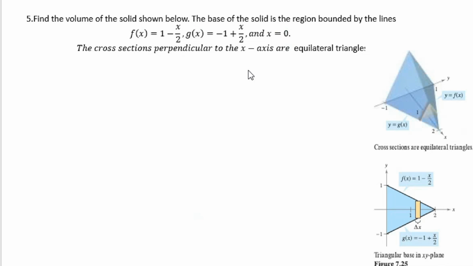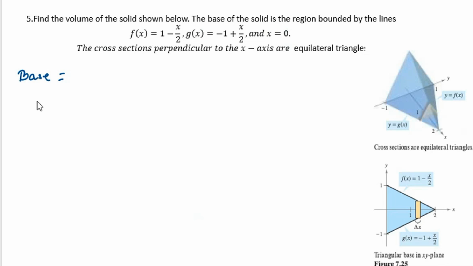To solve for this, we're going to find the base and area of each triangular cross section. We start with the base. According to this problem, the base is the difference between the two functions, because it refers to the length of the base.